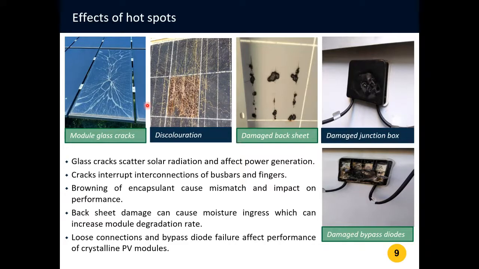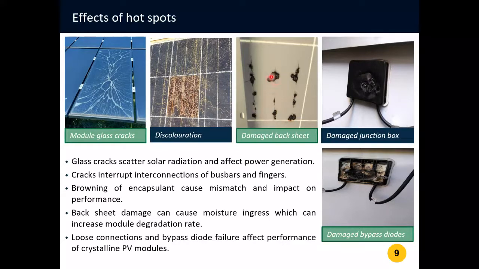The cracks also interrupt cell fingers and bus bars, and again affect performance. Discoloration of the encapsulant causes mismatch and impacts performance, since it affects the irradiance that will be falling on the PV cells.